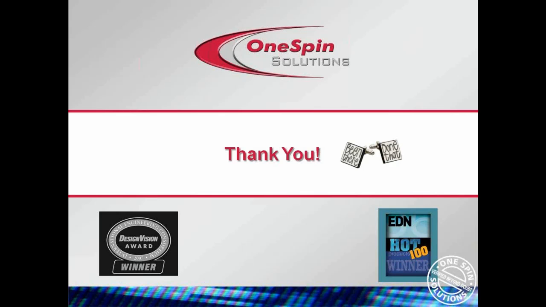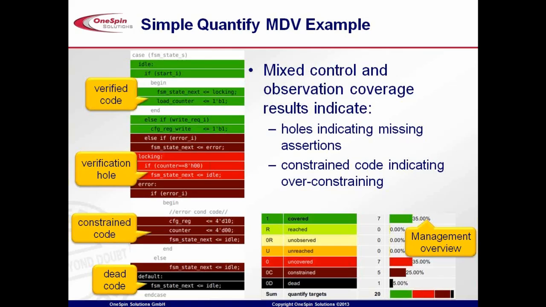Is there a way of signing off a line? Well, it's your decision. Let's say there's some redundant code that you want to leave in, so you know that it's not going to be detected. Is there a way of saying that's redundant, I know about that, I don't need to look at it? Yes, I mean, you will find it in this table, and you are aware of that, and you are fine with that. But the next time you run it, is it marked as green or red?